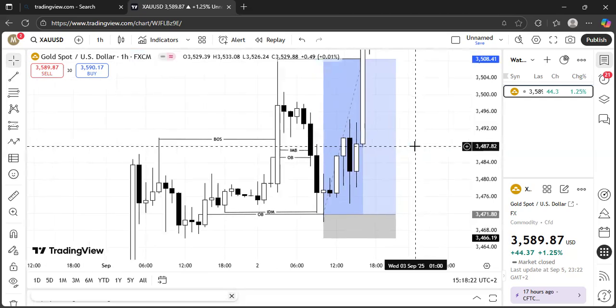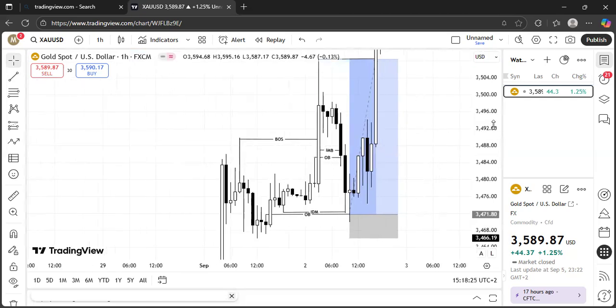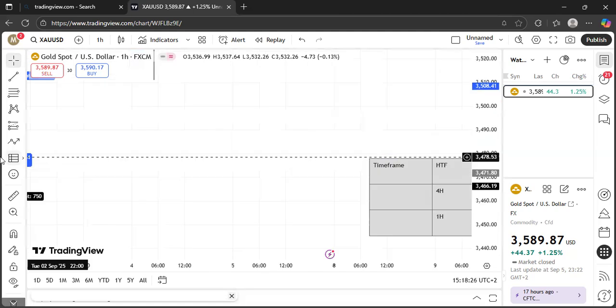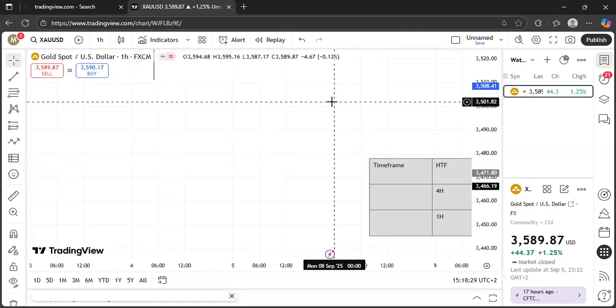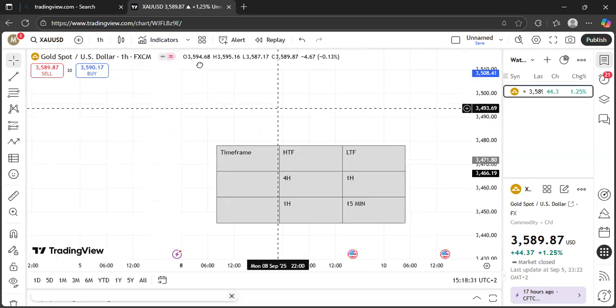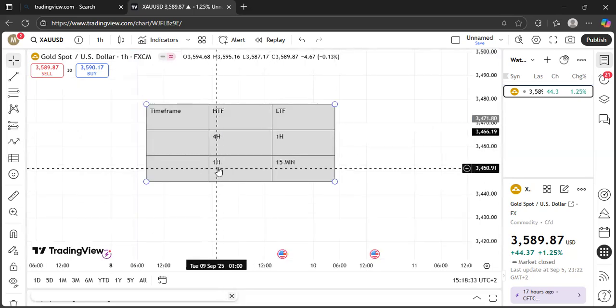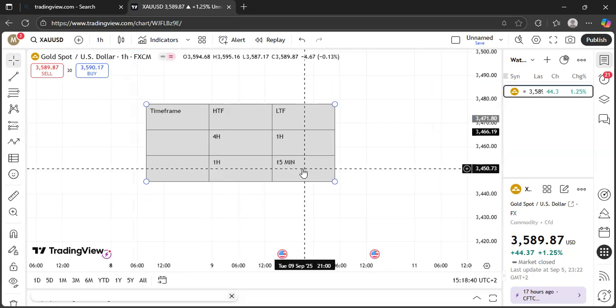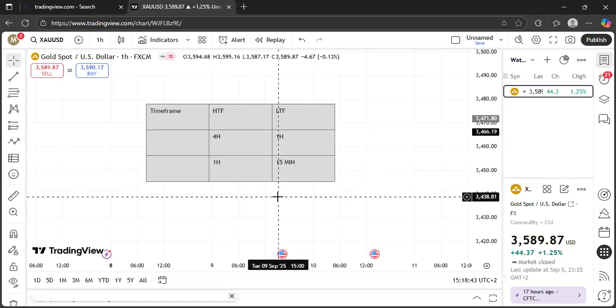Let's continue to the next step. Let's go back. Now we're going to use the 1 hour time frame as our higher time frame, and the 15-minute time frame as our lower time frame.